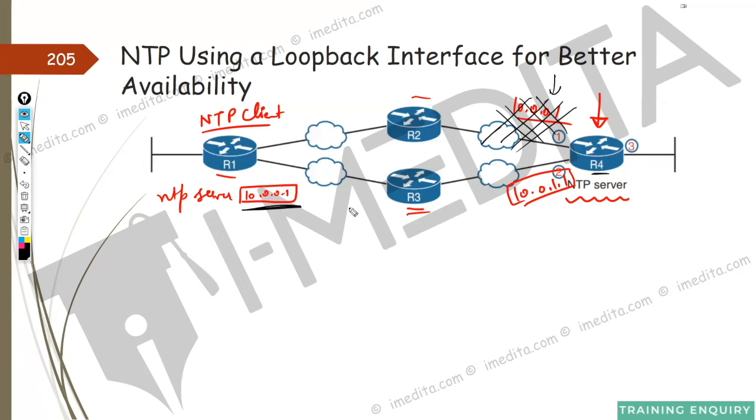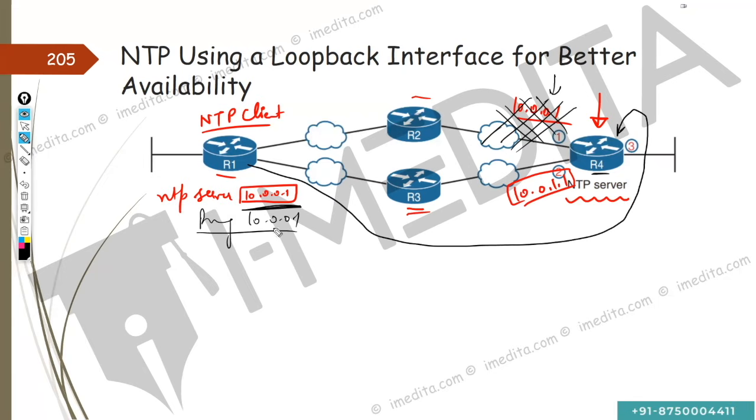In fact, if you try to even ping 10.0.0.1, although there is an alternate path to reach R4, R1 will not be able to ping this IP, and similarly will not get time from the R4 router. Now you understand the problem here. How can we fix this?